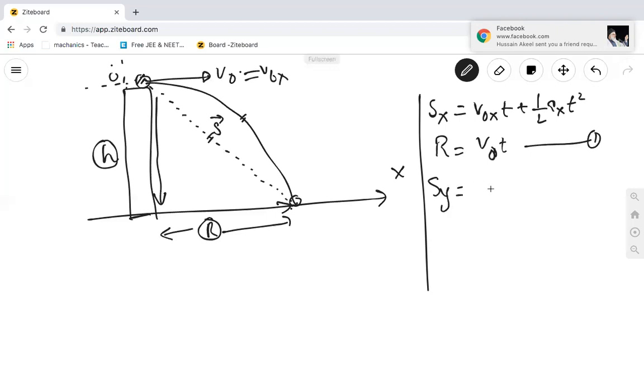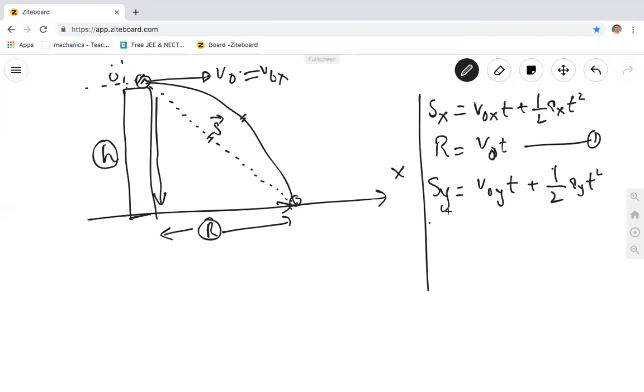That is v0y t plus 1 by 2 ay t square. t is the same for horizontal and vertical. The time taken by the displacement, the time taken by the y distance, the time taken by the x distance, even the time taken by the path is the same, a simultaneous time t, right? Those are not different times. Time is the only thing that connects these; otherwise, there's no connection between their independent equations.